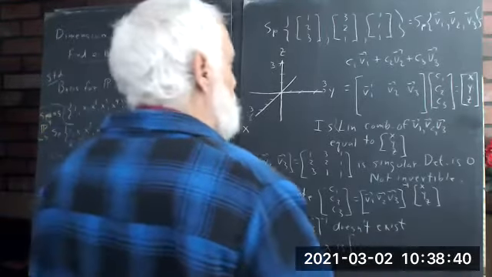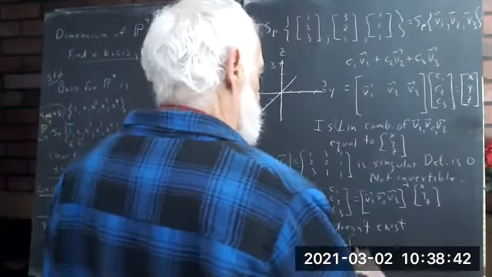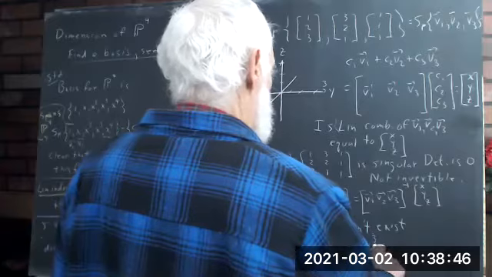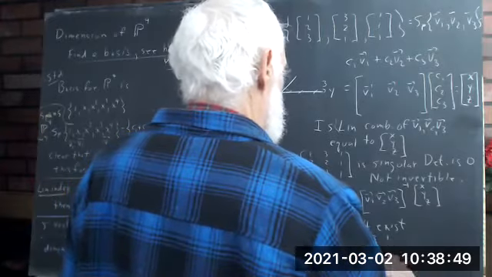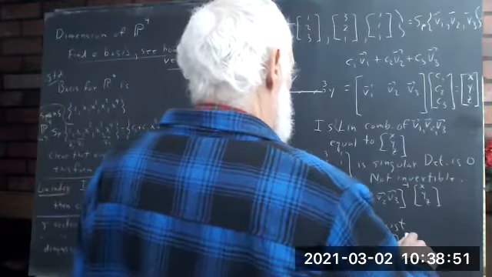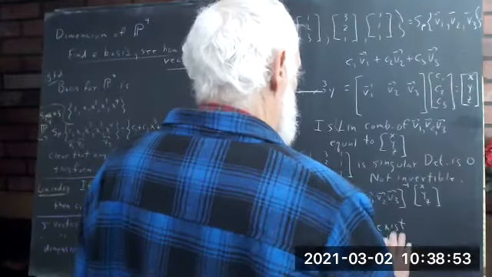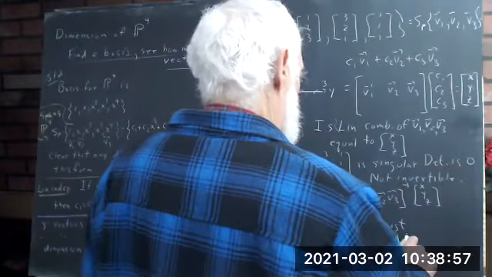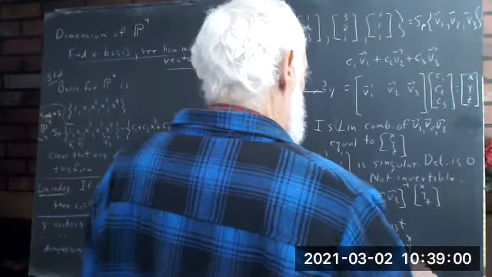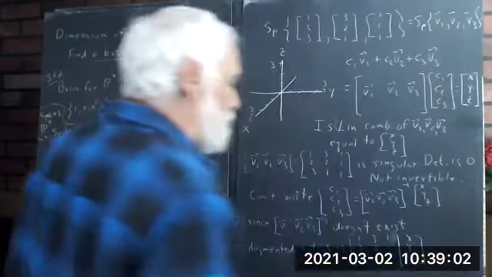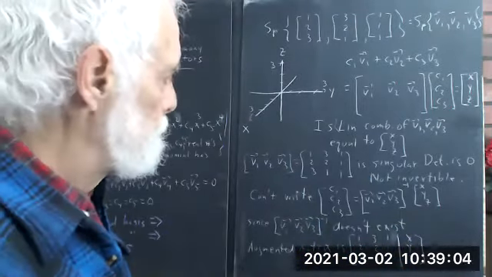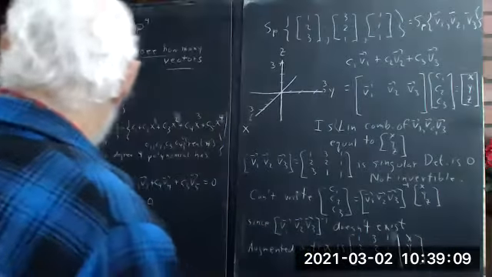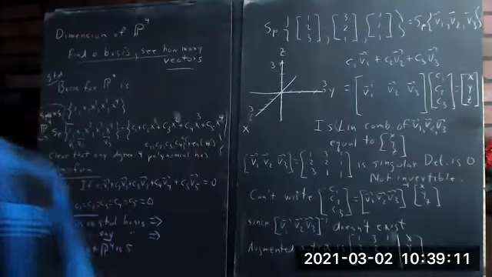The augmented matrix is this. And we can row reduce the augmented matrix. We can row reduce it rather quickly.